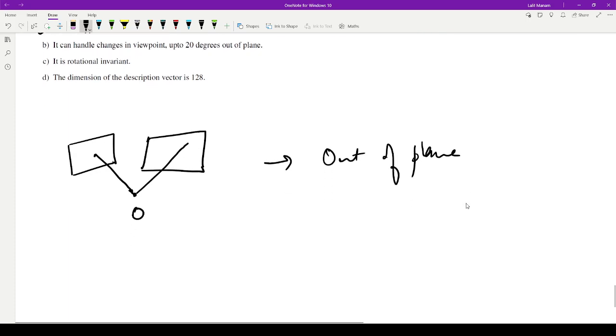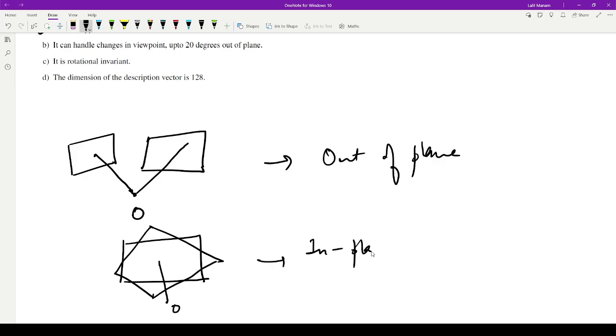What is in-plane rotation? It will just rotate here itself. So your principal axis will be the same. In plane, the principal axis will be the same, so you're rotating about the principal axis.